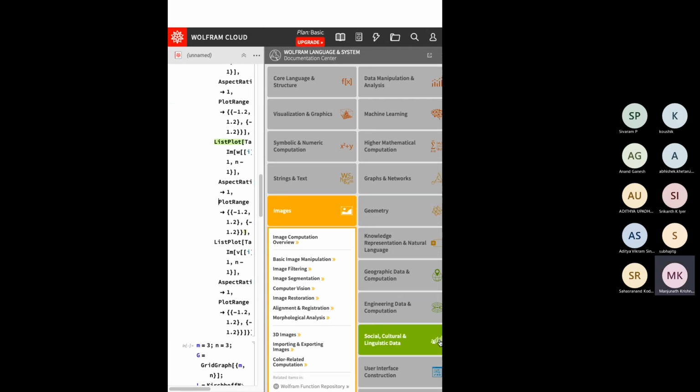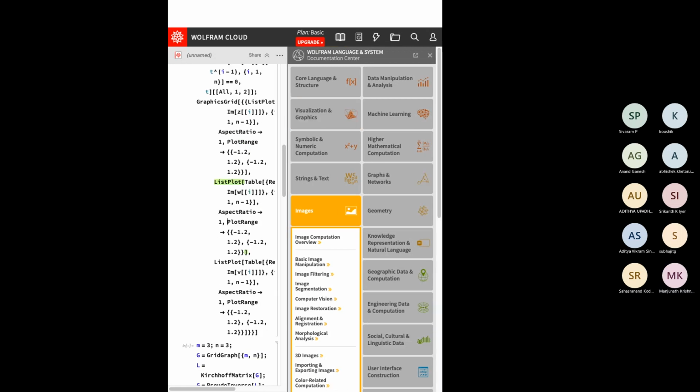What happened? Oh, why can't I enlarge it? This is a bit weird. I don't know why I'm not able to enlarge it. Maybe because this is here.